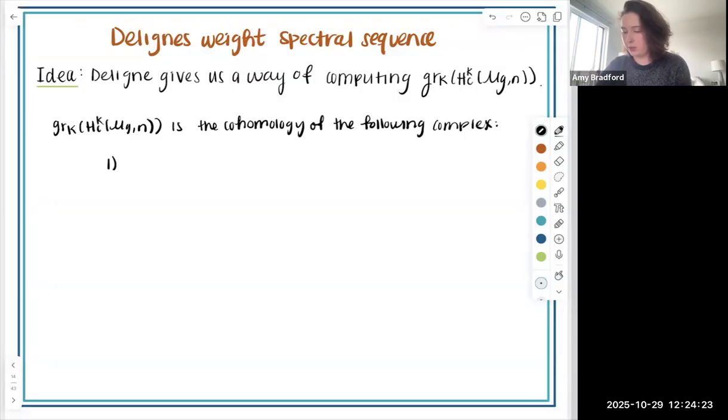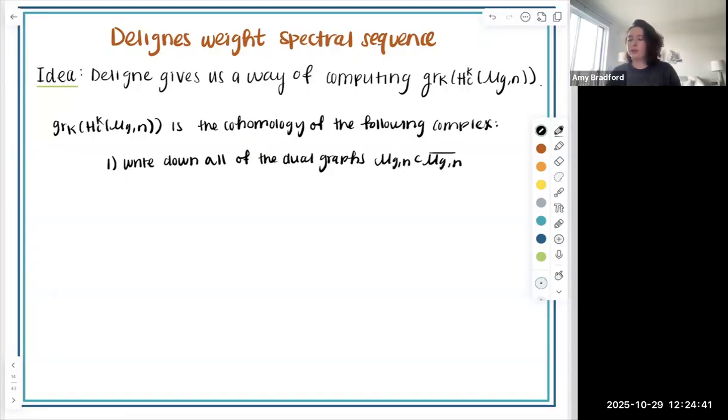So here's the algorithm by which we go about studying this space. So the first thing that we do is we write down all of the dual graphs in this boundary.